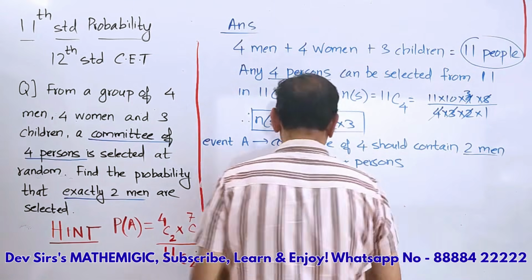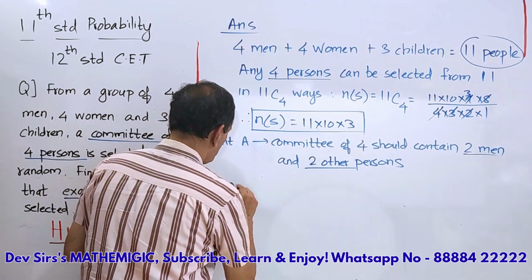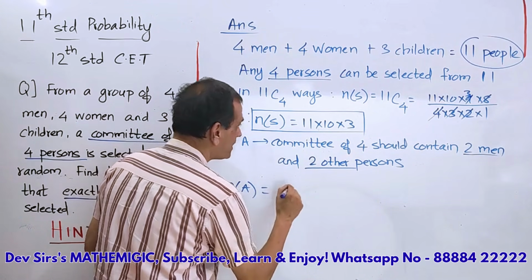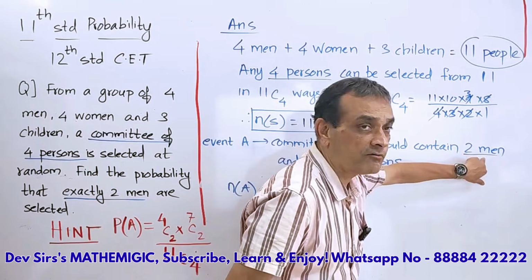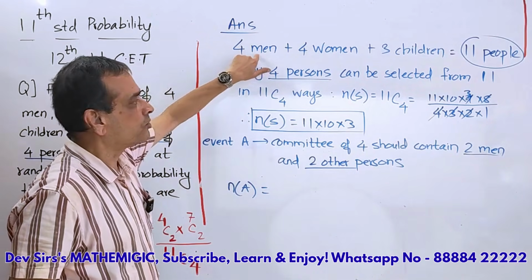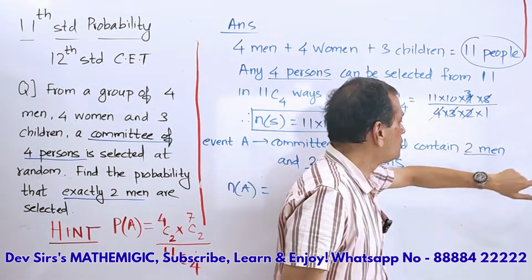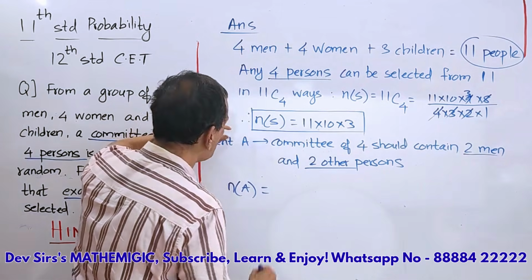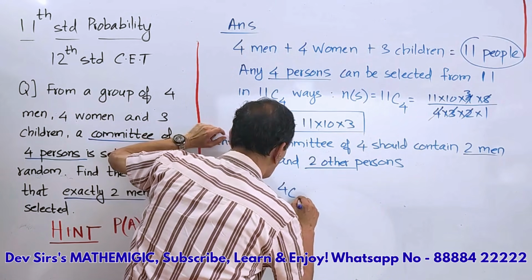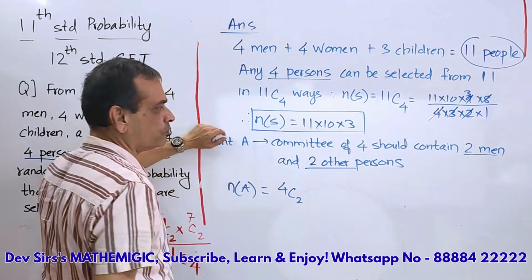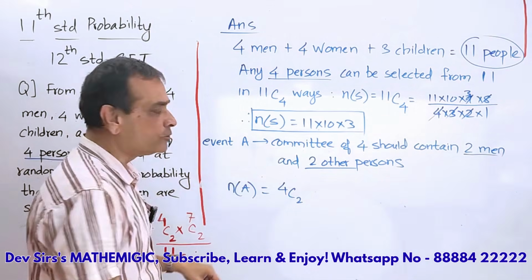Now let us go step by step. So N of A. 2 men from 4 men. Now don't take 11. 2 men can be selected from 4 men in 4C2 ways. Okay, 4C2. And means into.